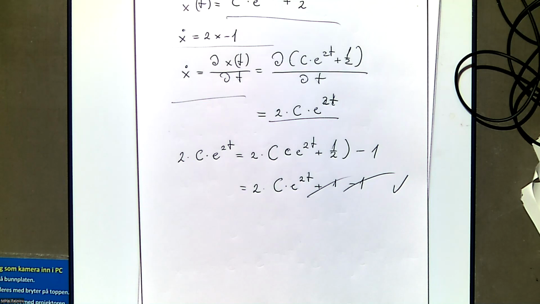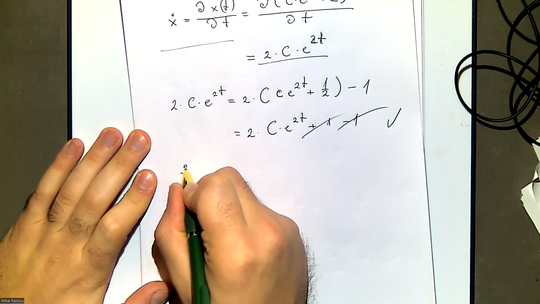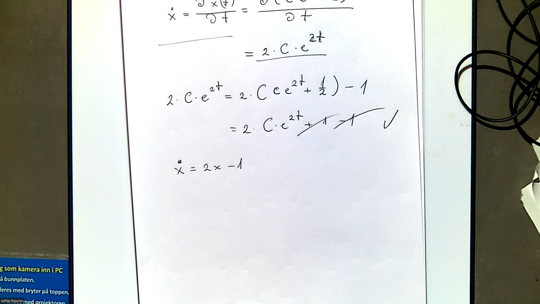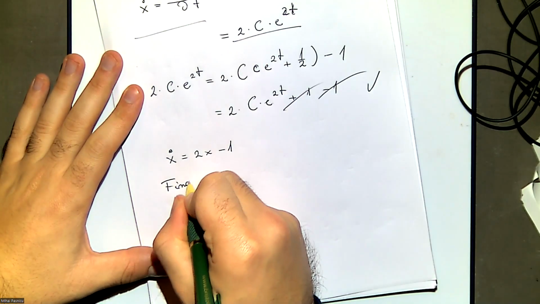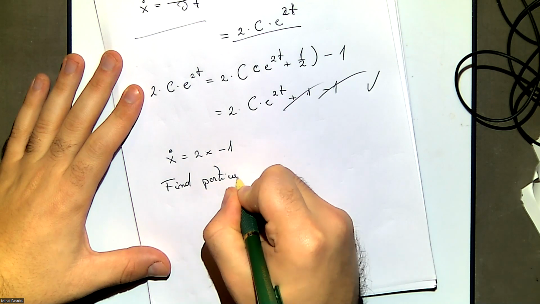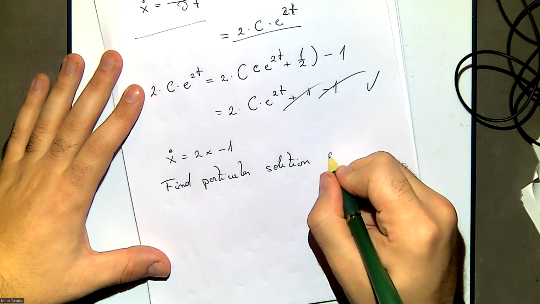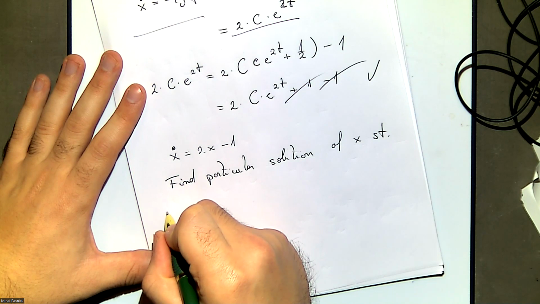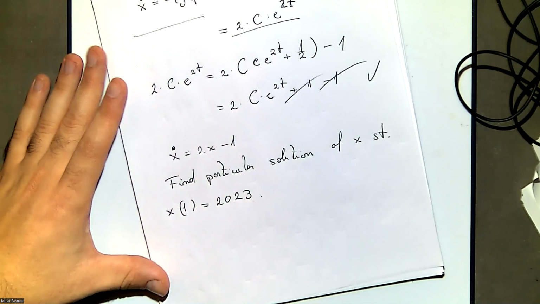Okay, let's build on this one first. One problem, so they might not ask us to solve this equation. They might just tell us, take this equation x dot equals 2x minus 1 and find a particular solution of x such that x of 1 is equal to 2023.